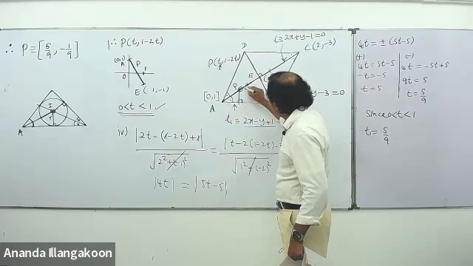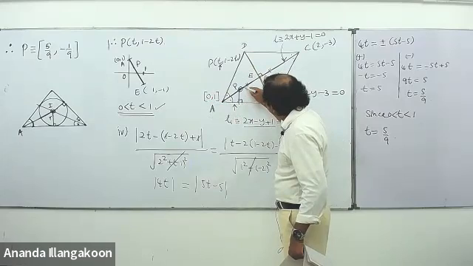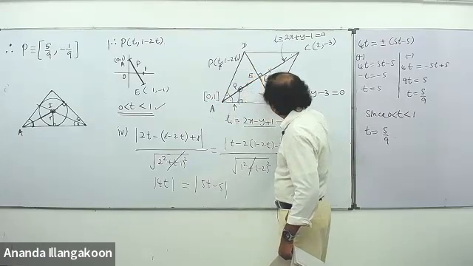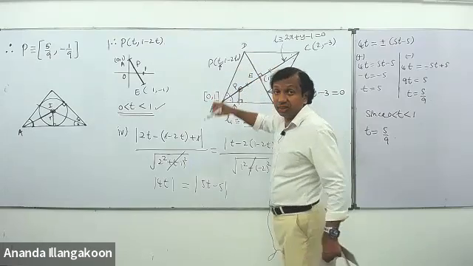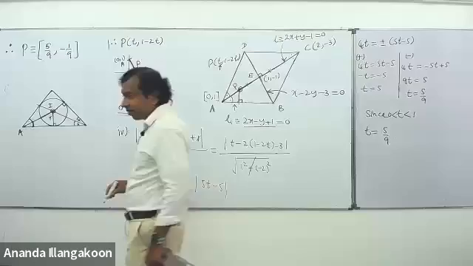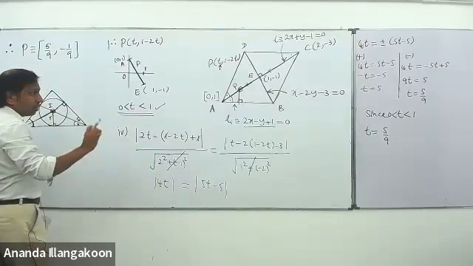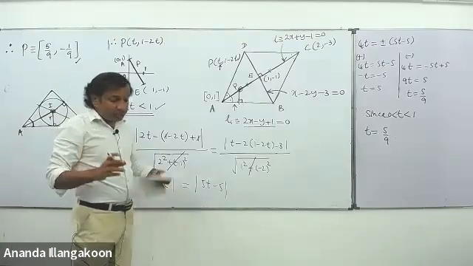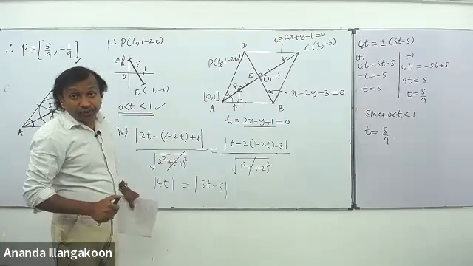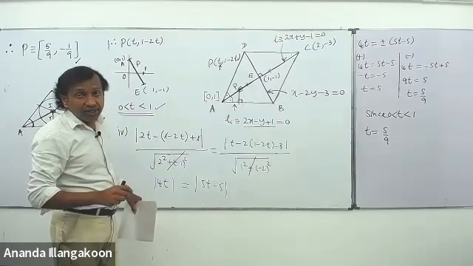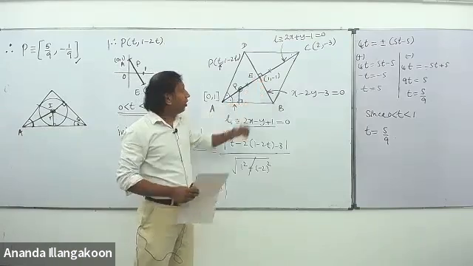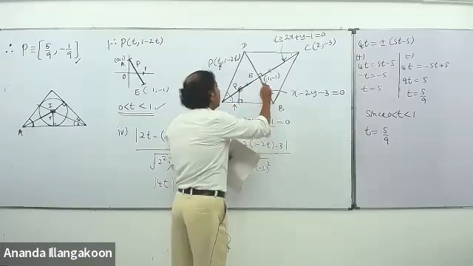That means having this P as a center, the perpendicular distance from here to here as a radius, we draw a circle that touches these three sides AB, BD, and AD internally. That equation only is asked. For that circle, the center is this. To find the equation of a circle, people, we should have what? The center as well as its radius. Radius means the distance from P to E. Why? Here you know this is 90.